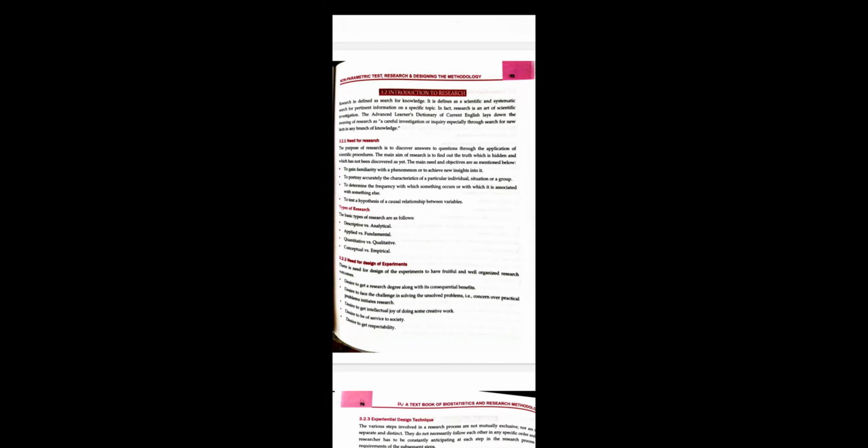The Advanced Learner's Dictionary of Current English lays down that research is a careful investigation or inquiry, especially through search for new facts in any branch of knowledge.